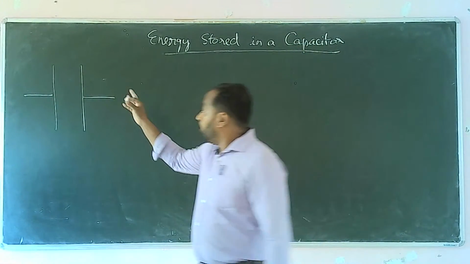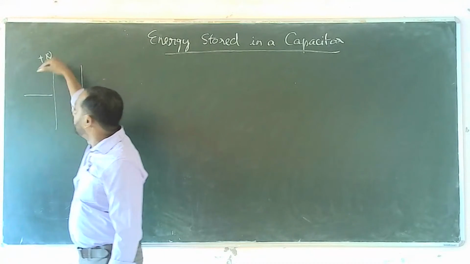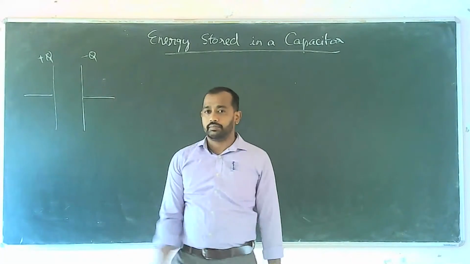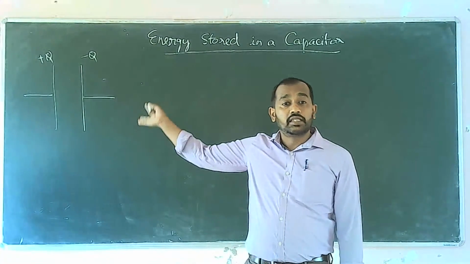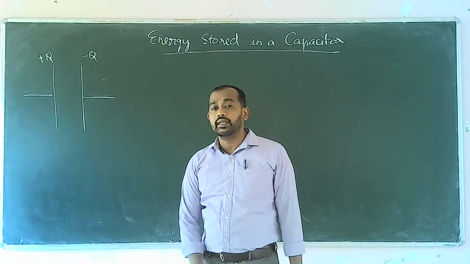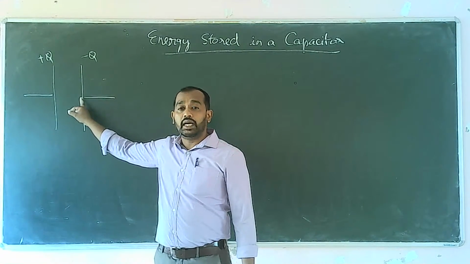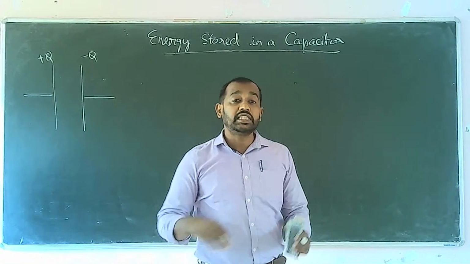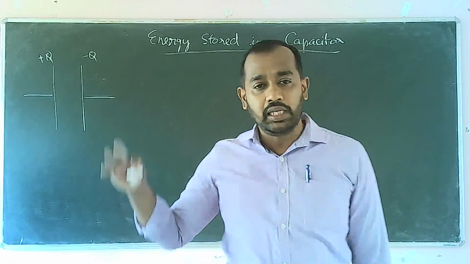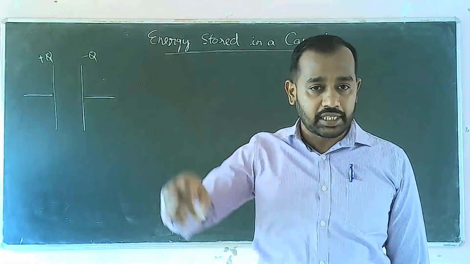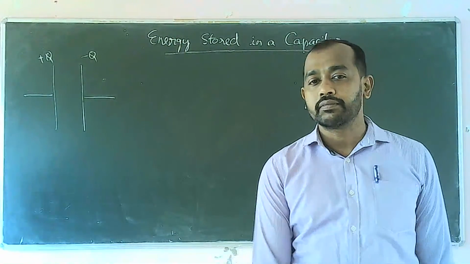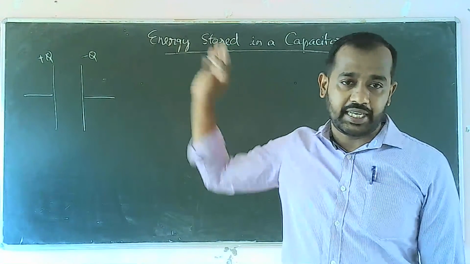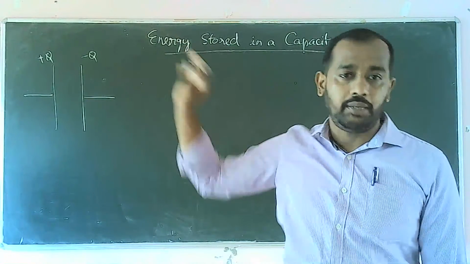Consider a charge plus Q residing on one of the plates, and on the other plate a charge of minus Q. It is similar to transferring plus Q amount of charge from the negative plate to the positive plate. The total charge stored by the capacitor is the charge deposited on the positive plate. That's why it is similar to transferring the charge Q from one plate to the other plate.